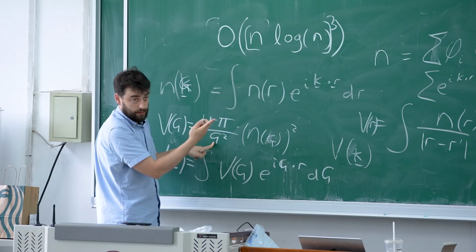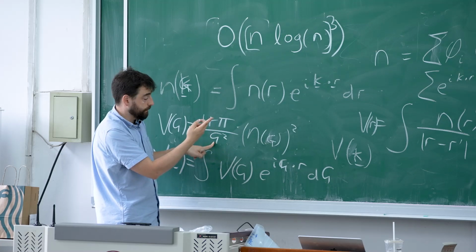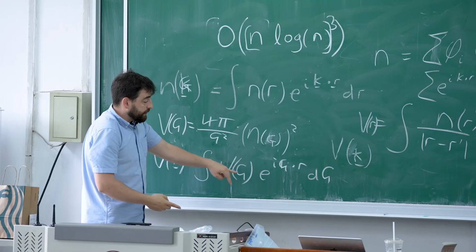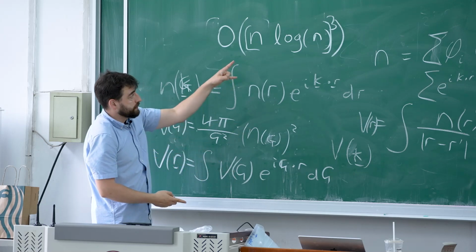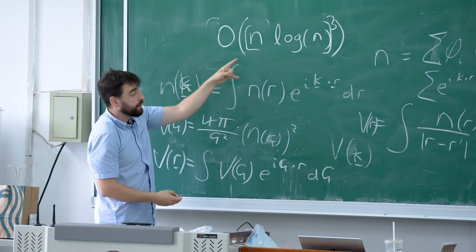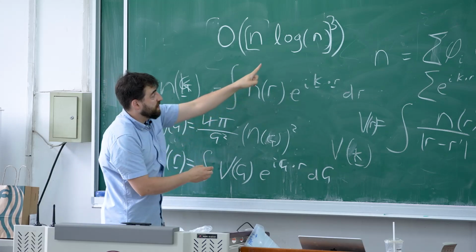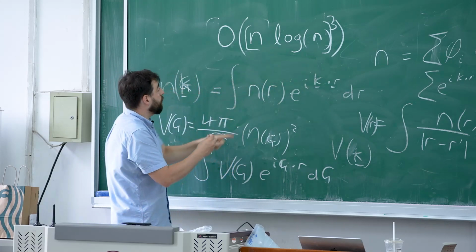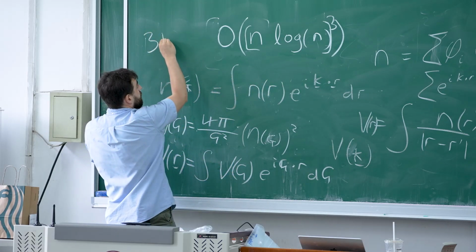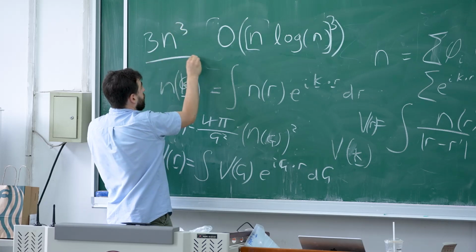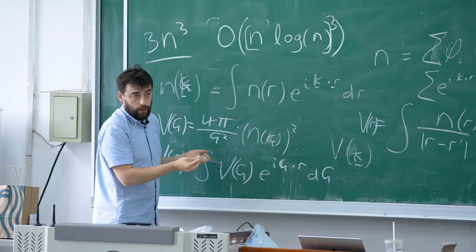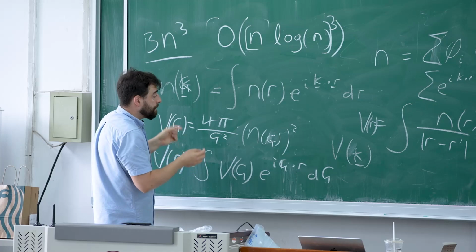It's just an n cubed operation, right? And then I do the inverse Fourier transform, which is basically n cubed. So the whole thing, this is trivial. The whole thing is basically 3n cubed operations.